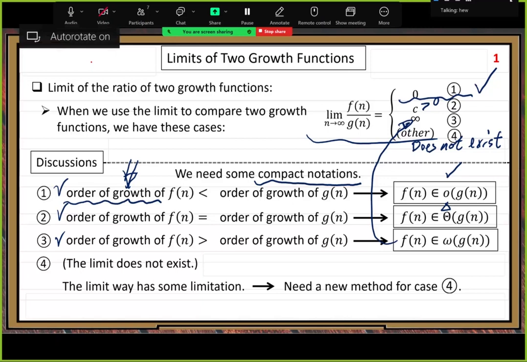All right, so what's that? First, let's consider a simple function, the power function, and look at its order of growth. The order of growth of the power function is very easy.